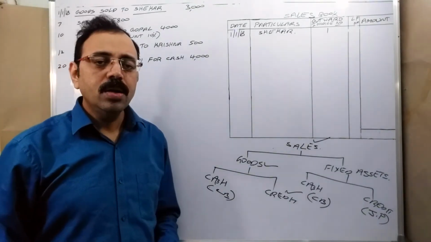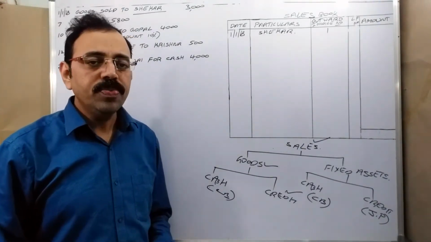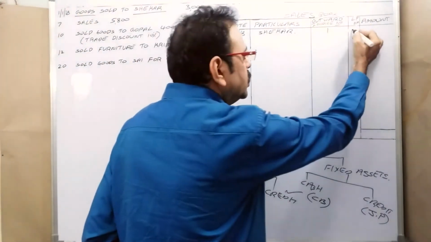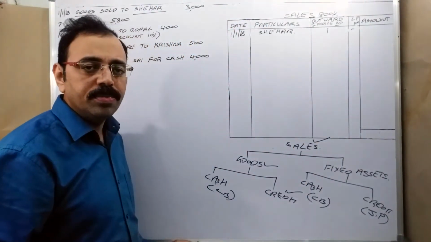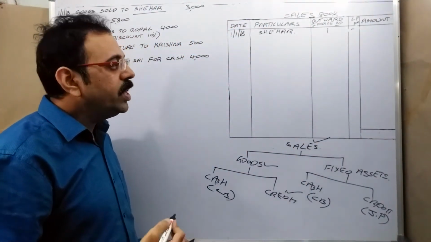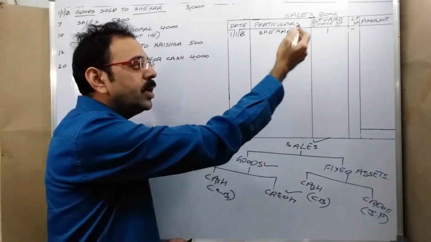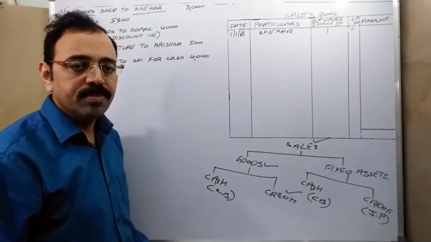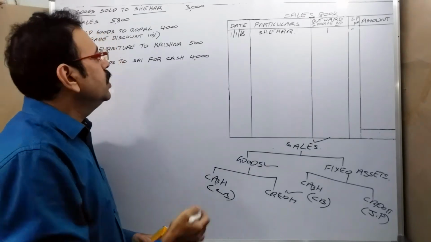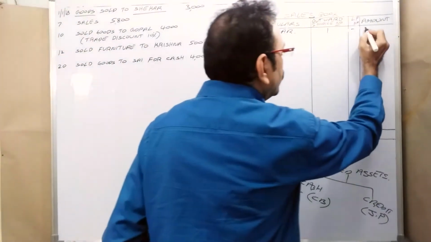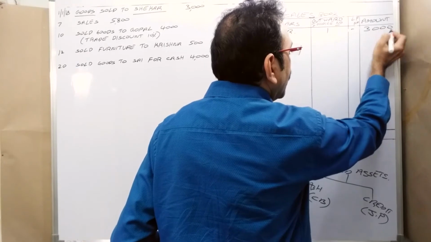Since you are a student, since there are no books with you, you need not write any number in the ledger folio number column. Leave it. Then in the amount column, write down the transaction amount.